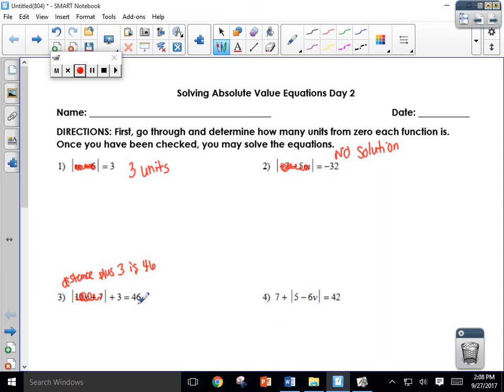So in order to figure out what the distance is, because it should say distance is something before I can tell you how many units away it is, I've got to move this 3. So when I move this 3, this is 0, and I'm left with the distance is 43. So that's why for this one, it was 43 units away.